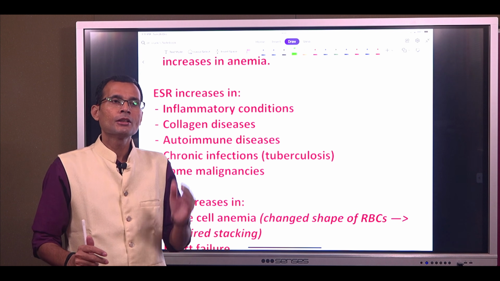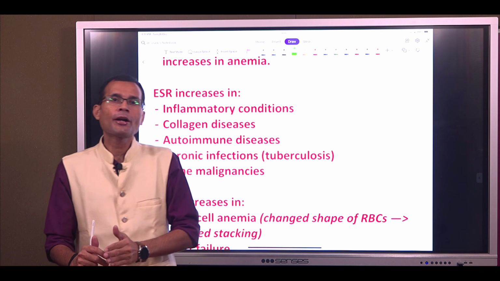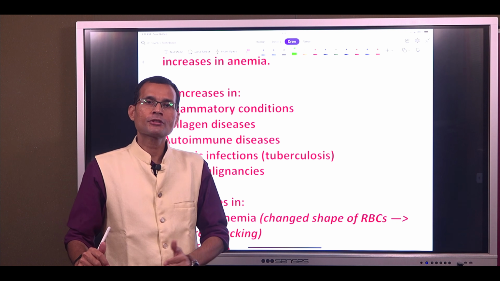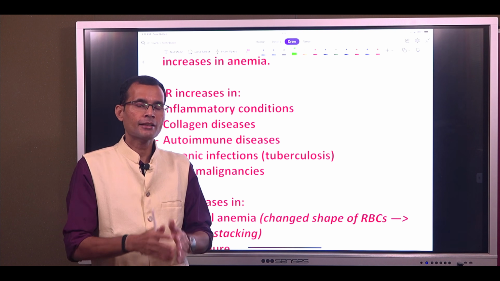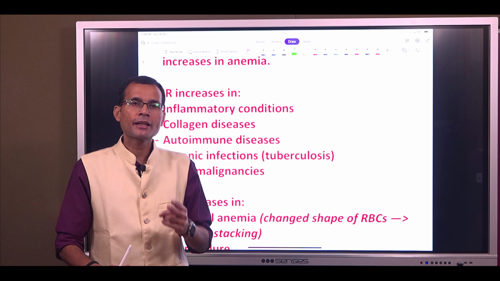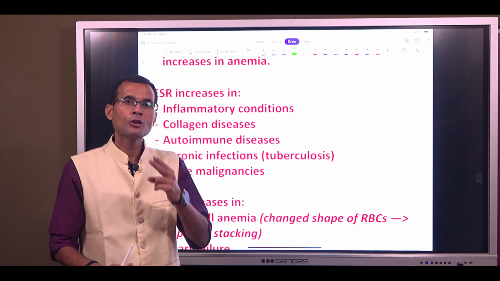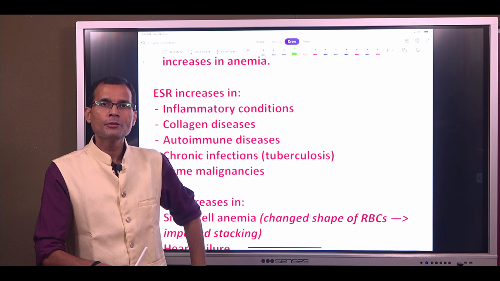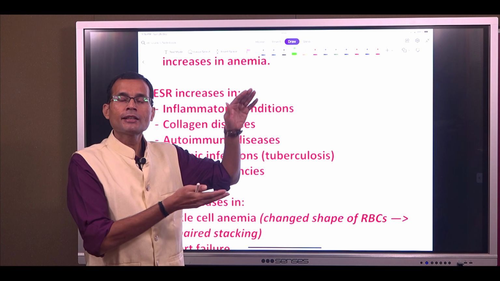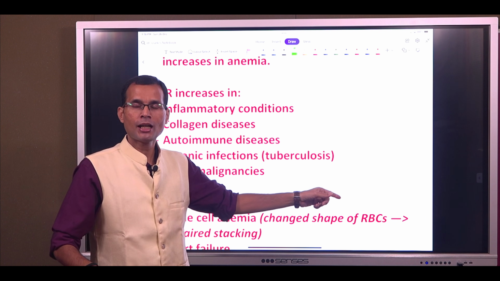In summary, 4-5 points to be remembered if you are appearing for some university exam. One is define ESR, it's the settling down of RBCs. Second term that you should remember, rouleau formation. Stacks of RBCs are formed and they settle down faster as compared to individual RBCs.